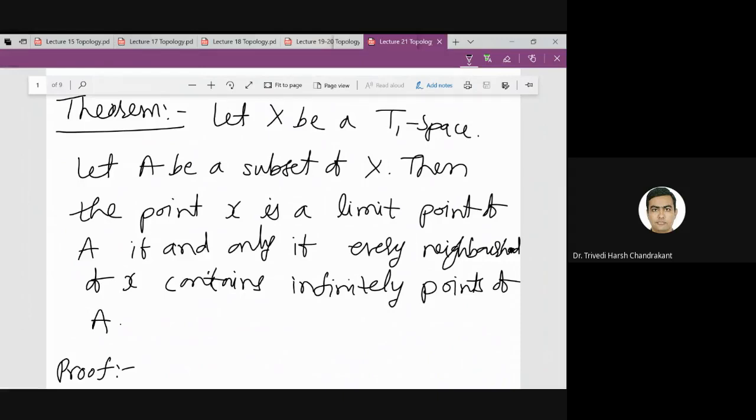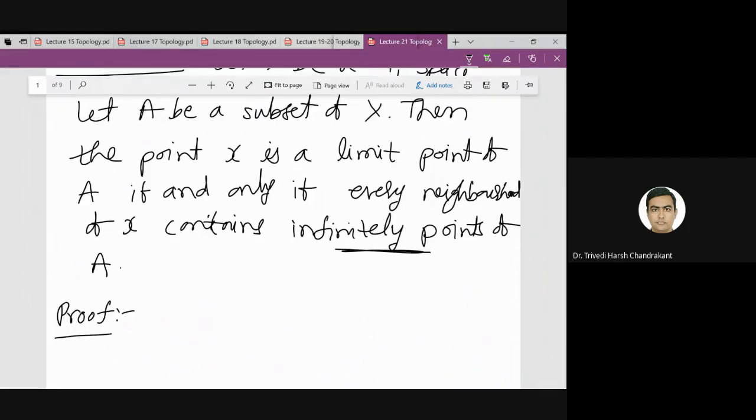But now we want to show that it intersects not just in one point other than x, but in infinitely many points other than x. One part is easy: if it intersects in infinitely many points other than x, then every neighborhood intersects in a point other than x.